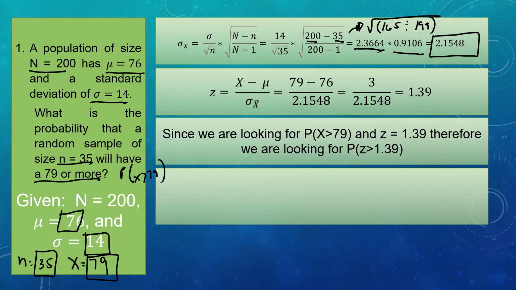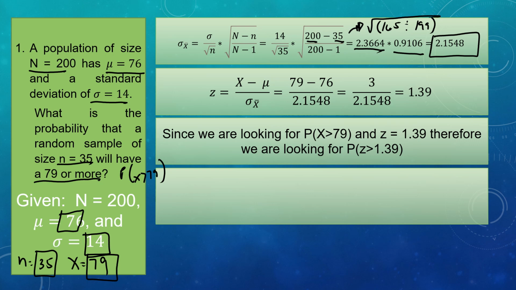Now, since we are looking for P of x bar greater than 79 based on the problem, and z is equal to 1.39, we are looking for z greater than 1.39. So how does this happen? x bar becomes z and 79 becomes 1.39, because the value of z that we got in step 2 is 1.39.